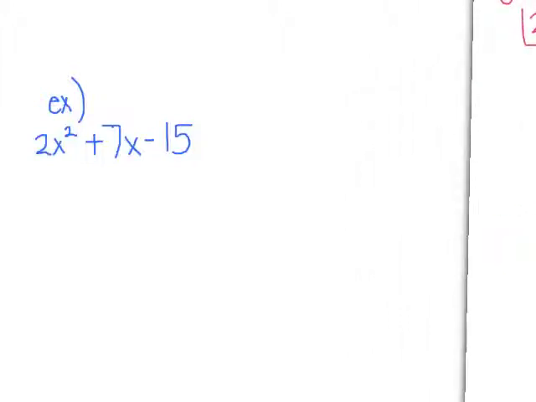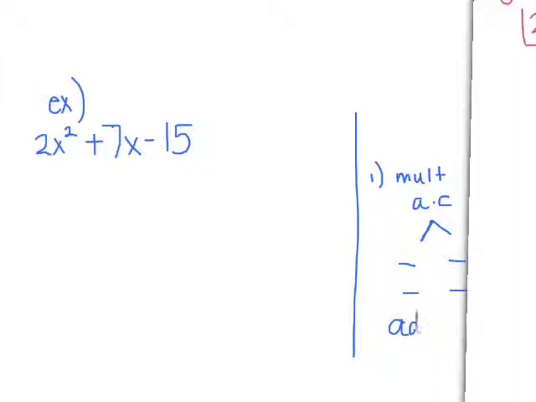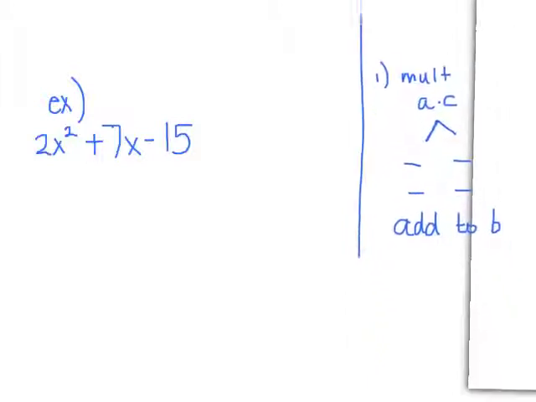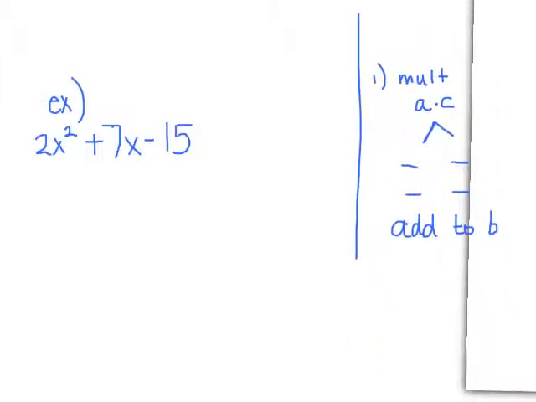You have some steps to take. So your first step is to multiply a times c. And after you multiply a times c, find your factors that add to b. Okay, so let's do that. Multiply a times c.